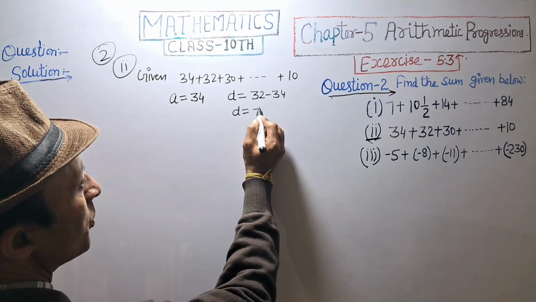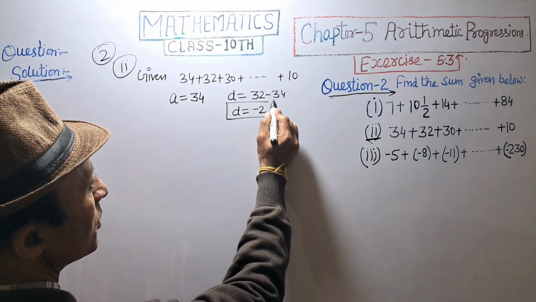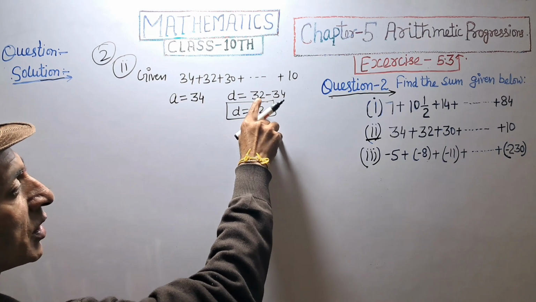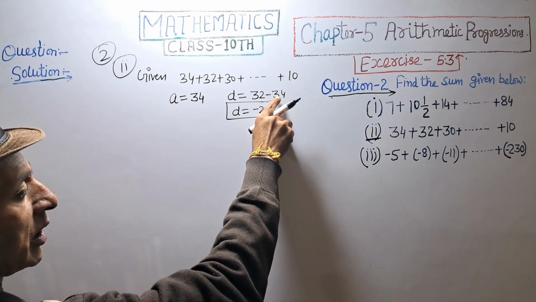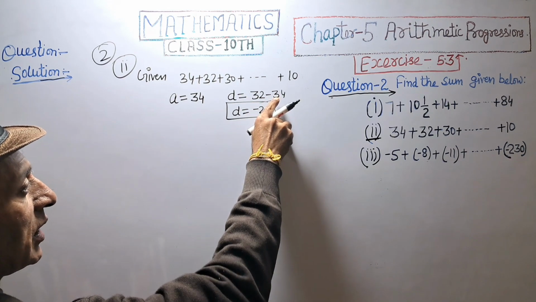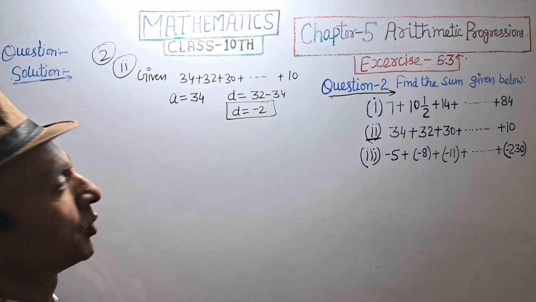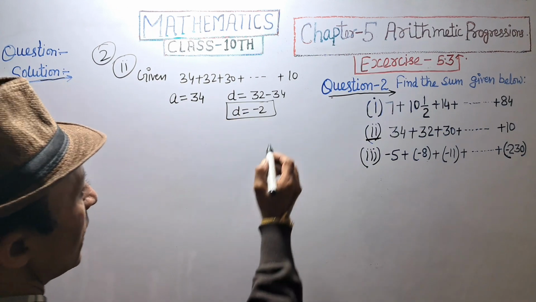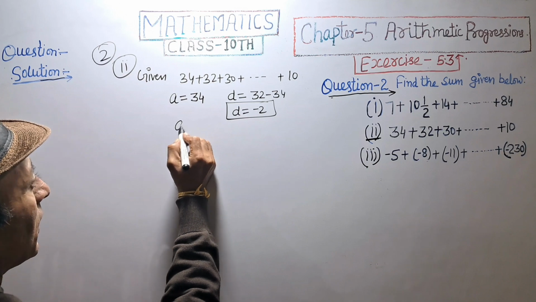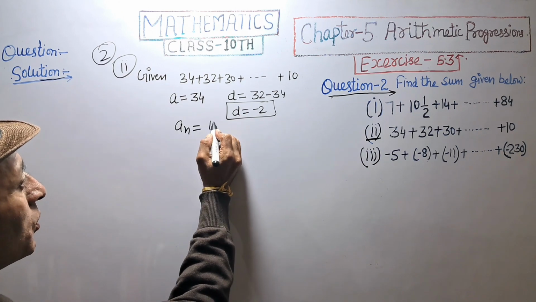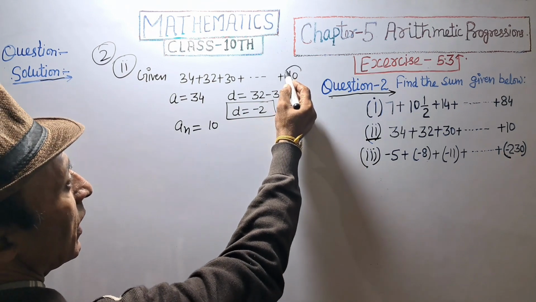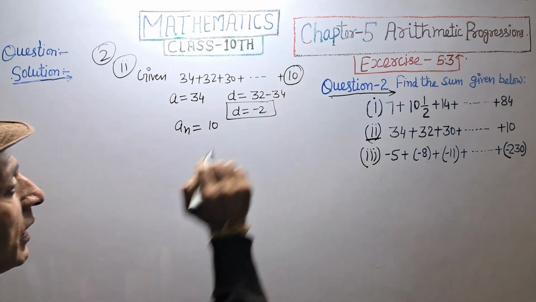D is equal to minus 2. 34 minus 32 is 2, but since 34 is subtracted, D is equal to minus 2. And An is equal to 10. The last term is equal to 10.